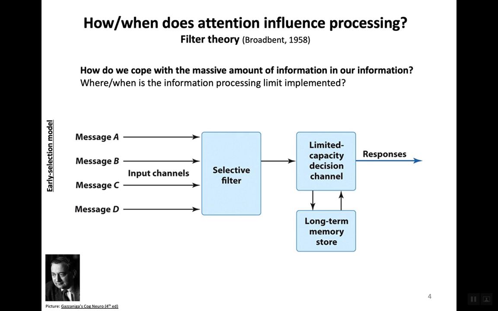Or what we reason, what memories come to mind while having a conversation with somebody, or perhaps some distracting thoughts, my need for a cup of coffee while I'm engaged in a conversation with somebody else. So many things, both in terms of external sources and internal ones, can compete for our attention.